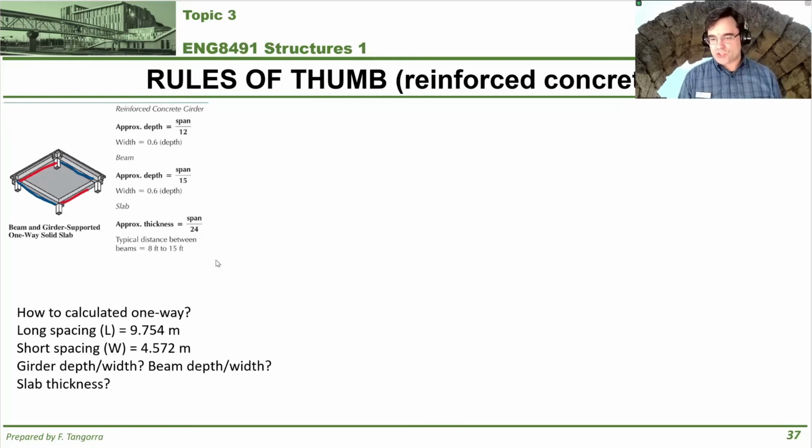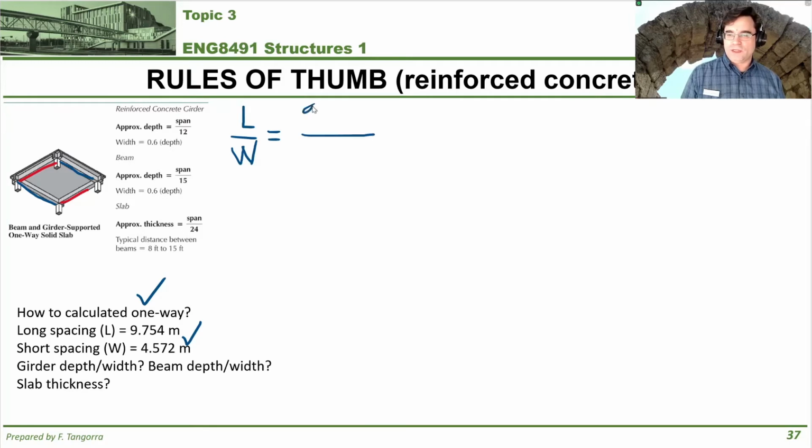My recommendation for calculating the dimensions for slabs and beams and girders supporting these one-way slabs is first to figure out if this is in fact a one-way slab. We've been given a length and a width of the slab, so in order to figure out if it's a one-way slab, we have to do the ratio between the length and the width. So I'm going to do this in millimeters again.